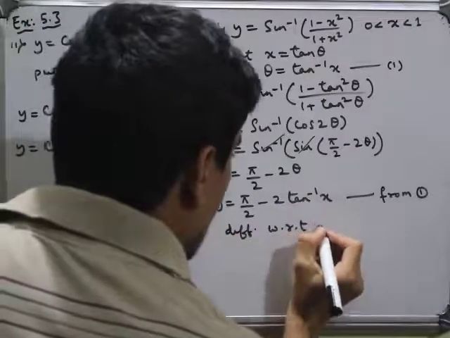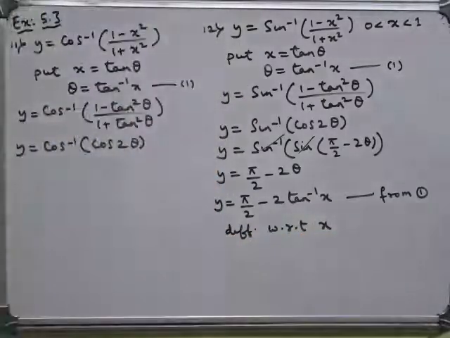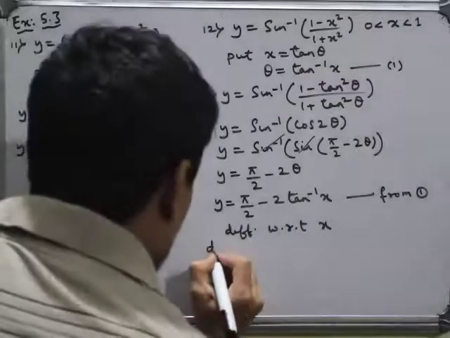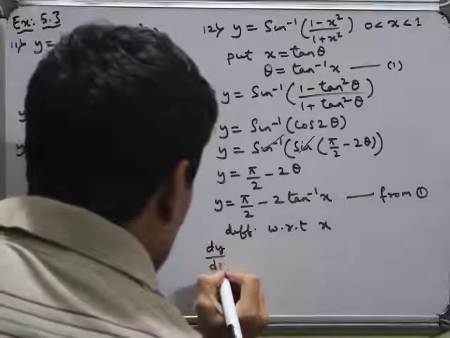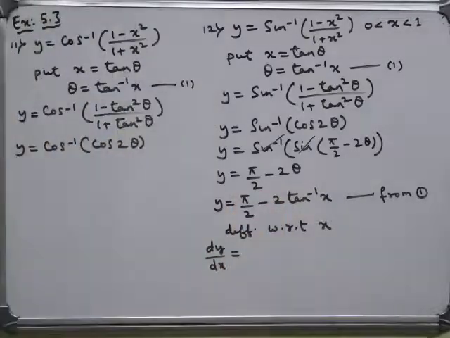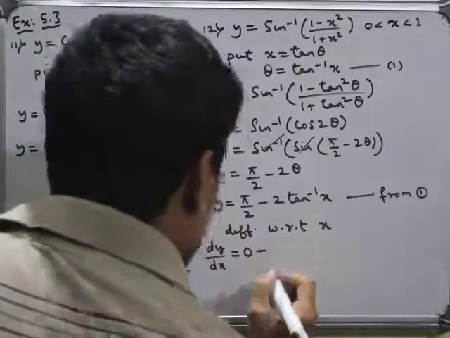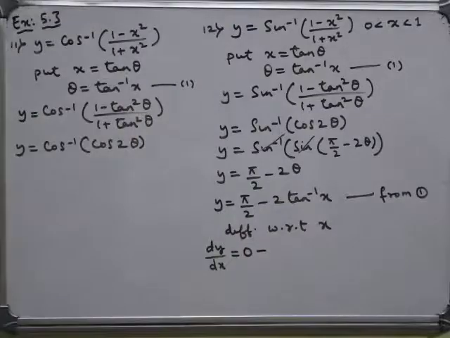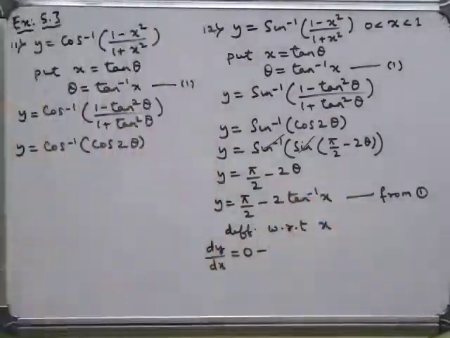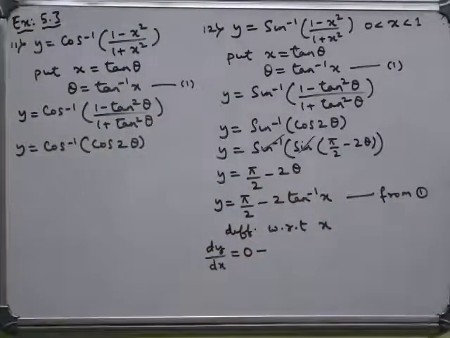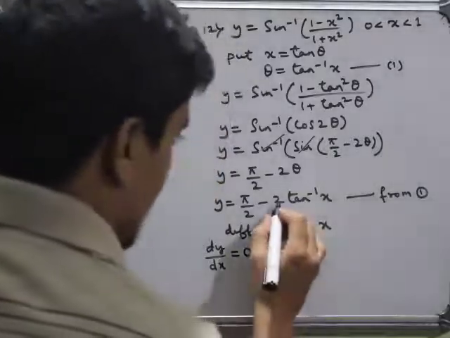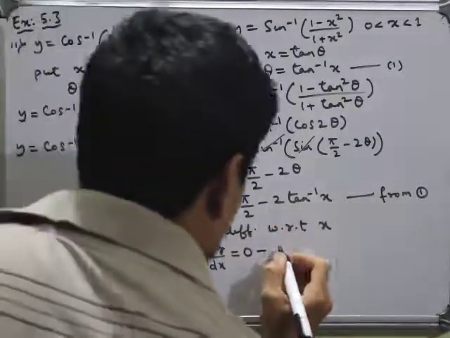Differentiate with respect to x. If you differentiate with respect to x, what you will get? dy by dx is equal to pi by 2. Pi by 2 is a constant, so differentiation of pi by 2 will be 0, minus 2 tan inverse x. Differentiation of 2 tan inverse x is what? 2 by 1 plus x square, constant into differentiation of function.